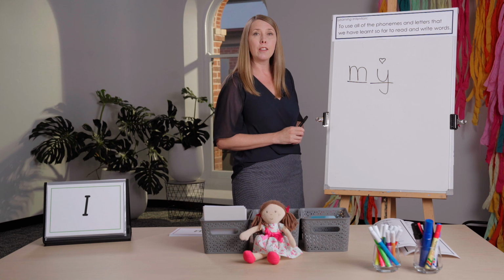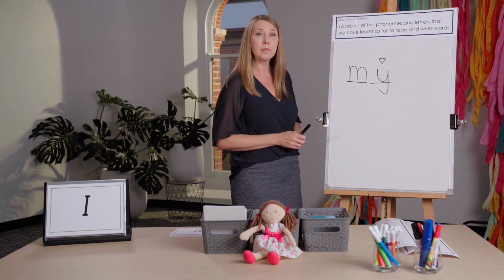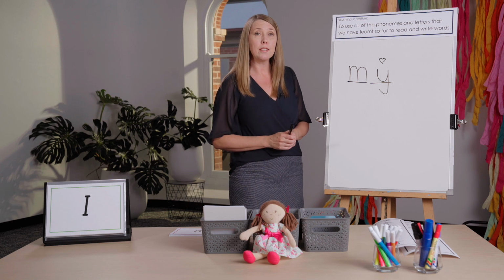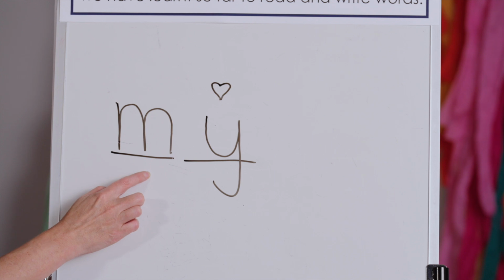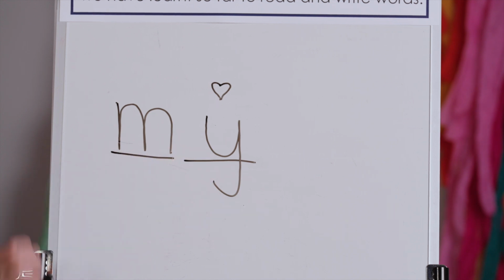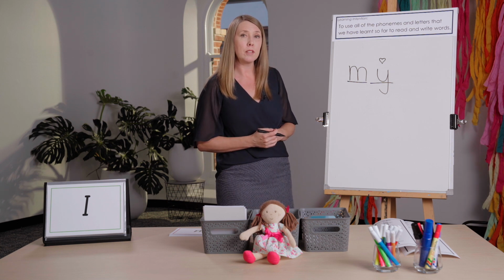When I'm sounding out this word, I can say I, my. But if I'm using my spelling voice, I'm going to use the letter name. So it will sound like this. M, Y, my. Let's write the word on your paper, and I want you to use your spelling voice as you're writing it.